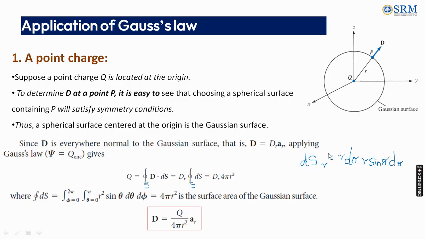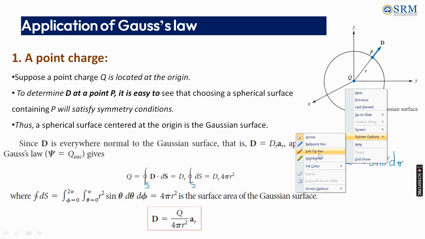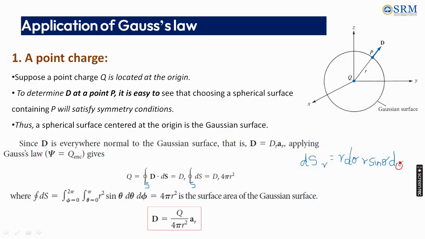Here we consider D as D_r a_r, and the differential surface area ds as r squared sine theta d theta d phi along a_r, which is normal to that surface. When I take the dot product, a_r dot a_r becomes 1, and I get the integral of D_r r squared sine theta d theta d phi.